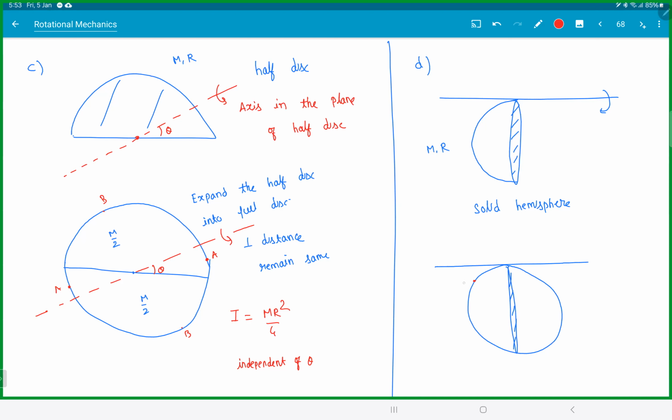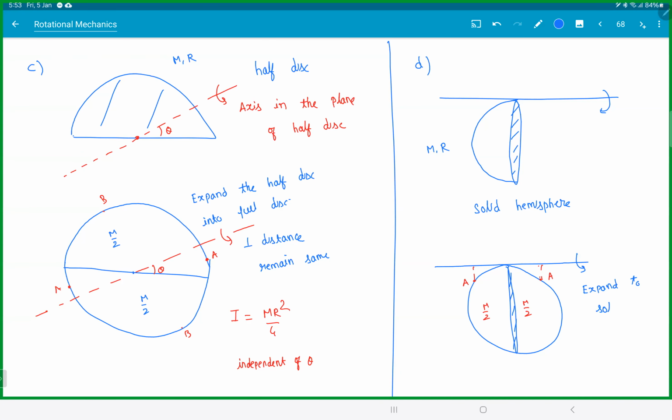So basically, if this was A, this is also A. Did the distance change? No, right? So this is basically m by 2 full solid sphere. So expand this to solid sphere.